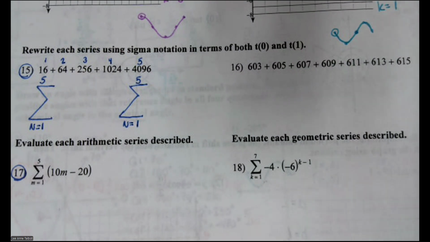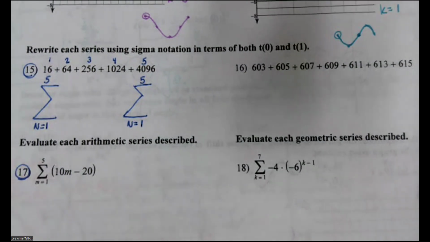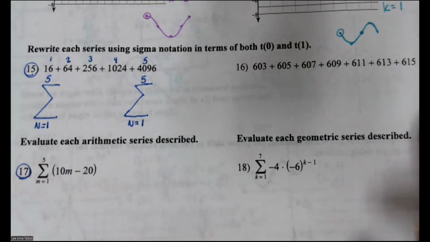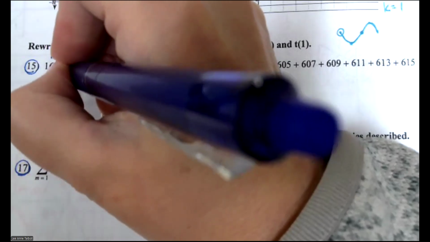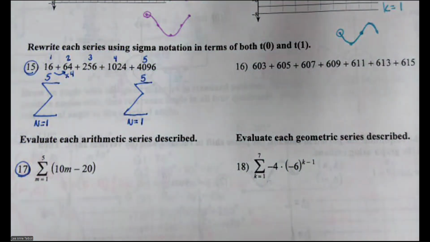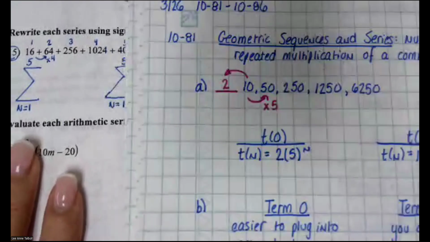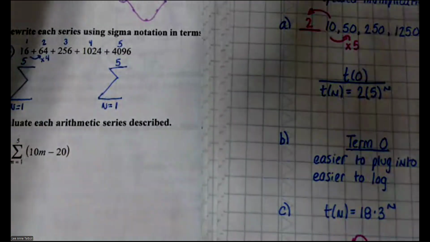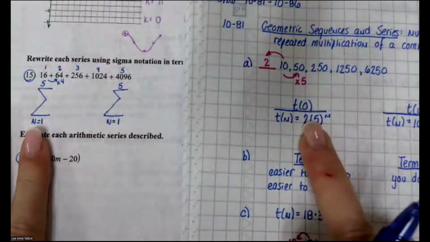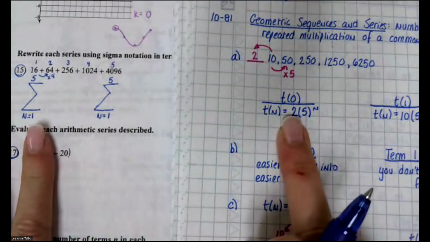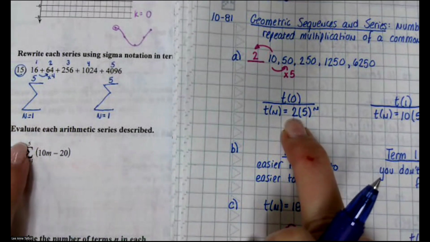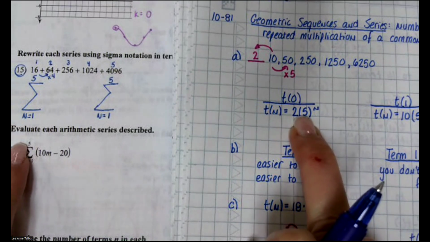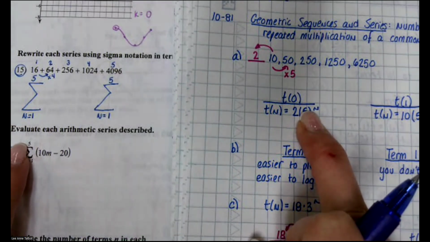Now this one, can you guys tell me if it's arithmetic or geometric? Geometric. It's multiplying by 4. It's times 4, right? Okay, so it's problem number 81. If we do term 0, you put term 0 times the multiplier to the n.